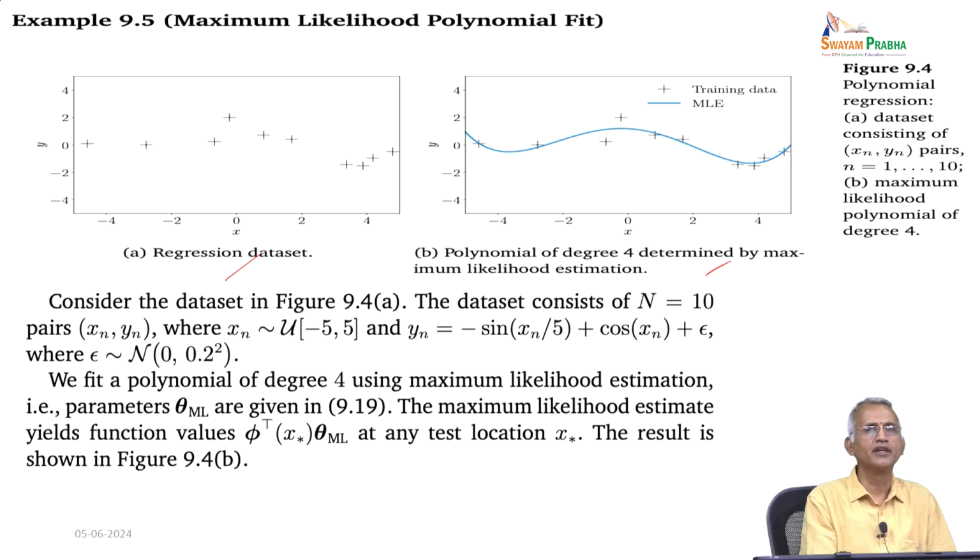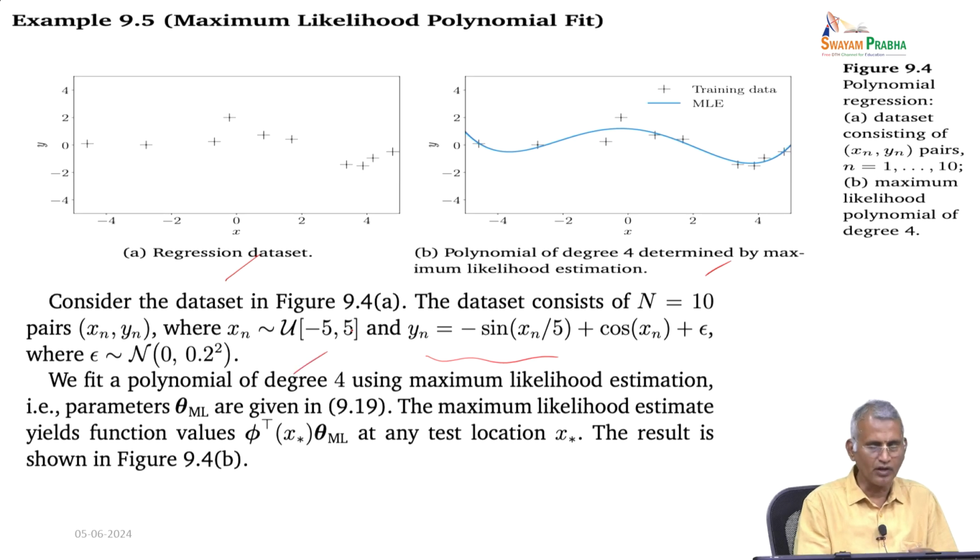So, based on this figure A, here n equal to 10 and xn varies over the interval from -5 to 5. Therefore, it forms a sinusoidal wave given by sin of xn by 5 plus cos of xn plus epsilon, where epsilon belongs to N of 0 comma 0.2 square.